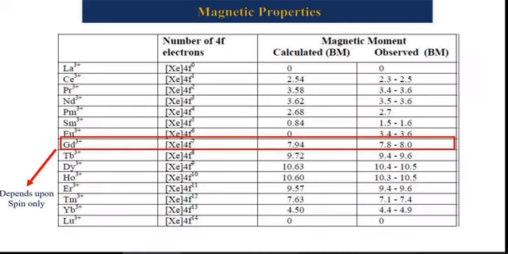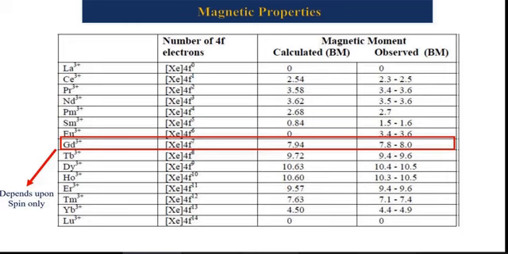Let us move ahead. Now you see, this is a table where I have mentioned the calculated magnetic moment and what observed value has been found in the case of lanthanide. Now see, 4f0 lanthanum +3: since no electron is available in the f orbital, expectedly the magnetic moment will be 0.